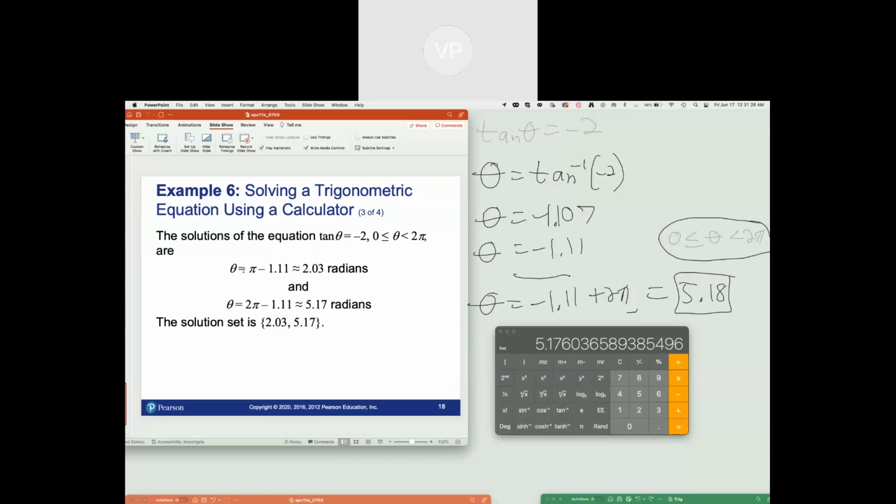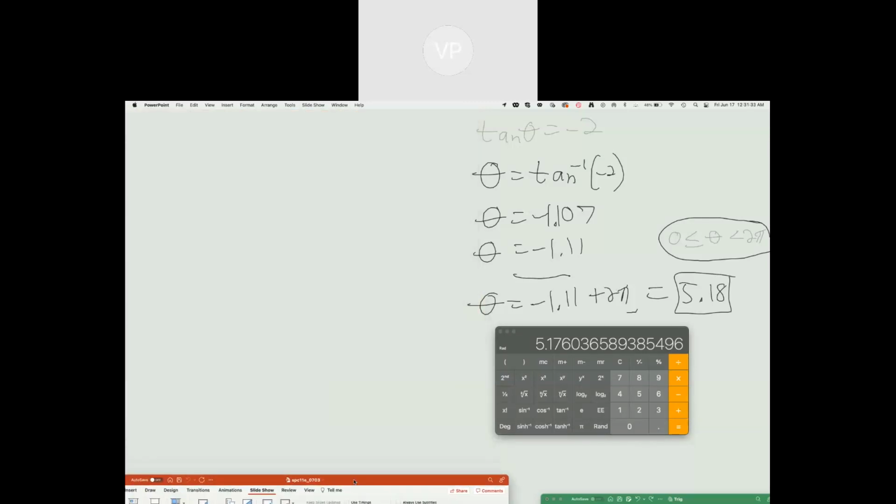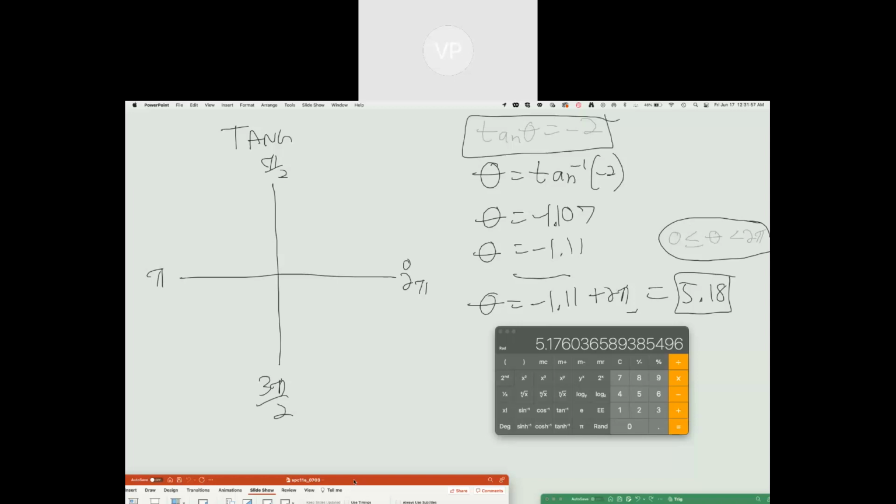Now, if you look at this, there's another piece to this, and let me show you with a graph a little bit. Okay, so think about the tangent function. We're going with radians. So this is pi, this is 2 pi or 0. This is pi over 2, and this is 3 pi over 2. So when I say tangent of theta equals -2, where is tangent negative?